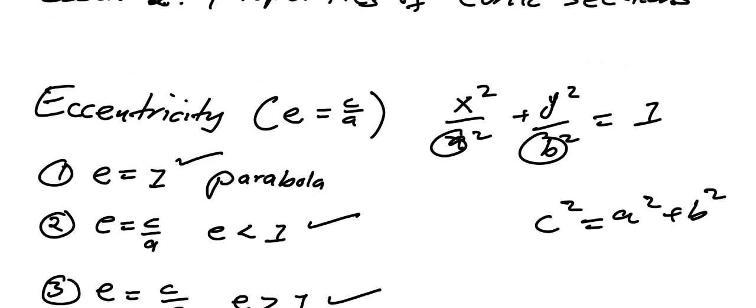Eccentricity is a ratio that identifies the type of conic section we're dealing with. Whenever the eccentricity is equal to 1, we say it's a parabola.